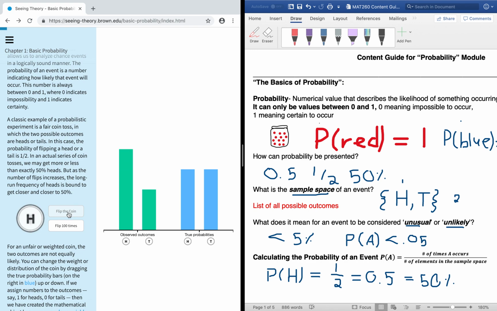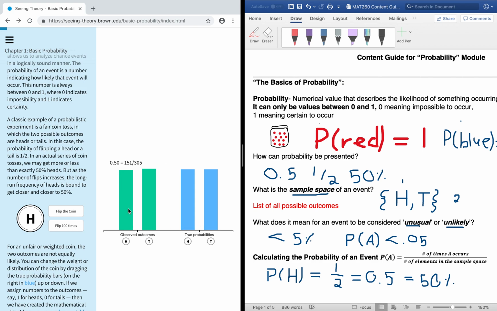Now if we keep flipping the coin, we can see the probabilities will change as we go. And the thing about probability is if we flip the coin enough times, so say here we have flipped it 277 times. As we flip it more and more times, the observed outcomes will become closer and closer to the true outcomes.